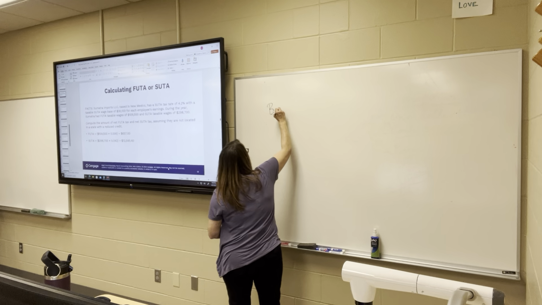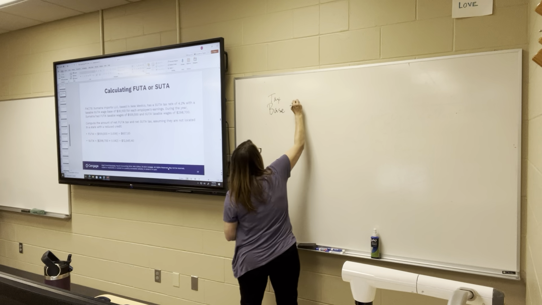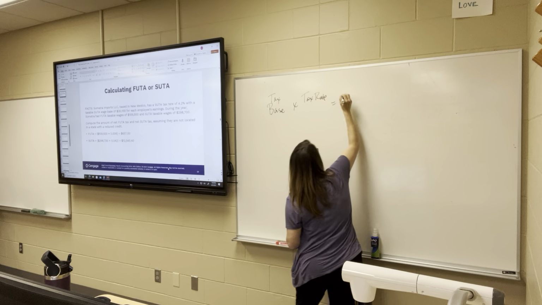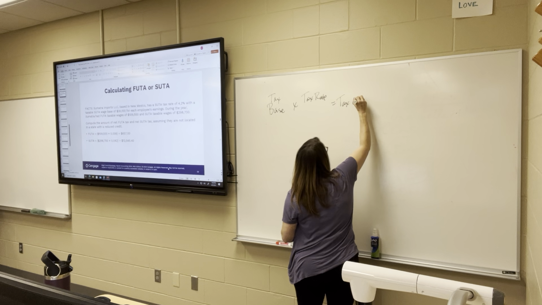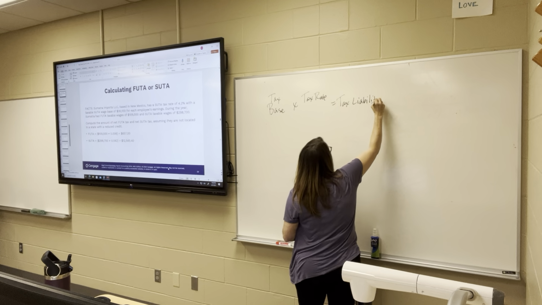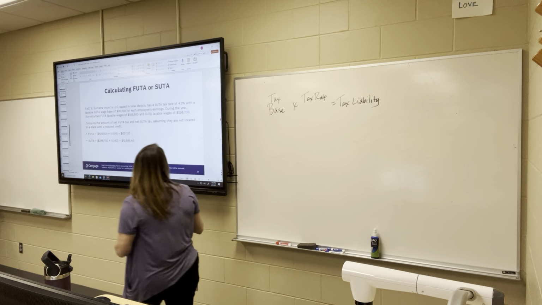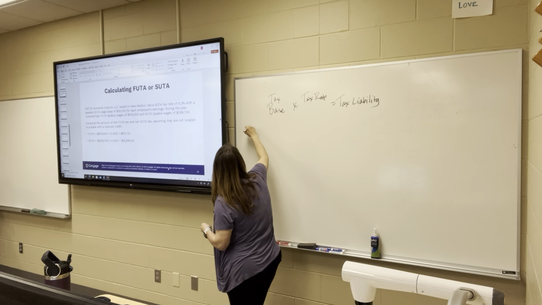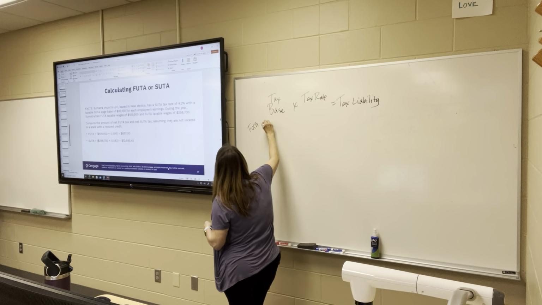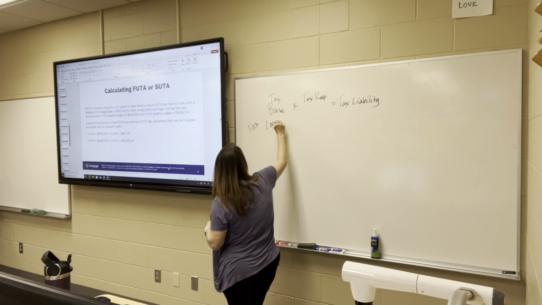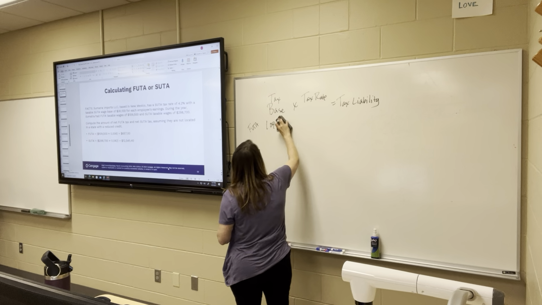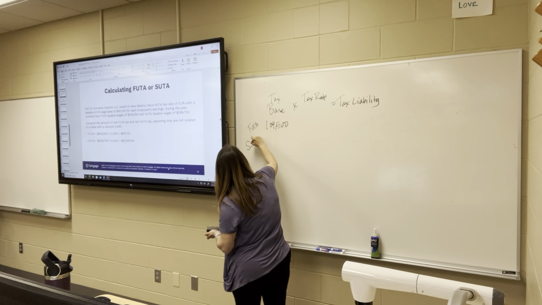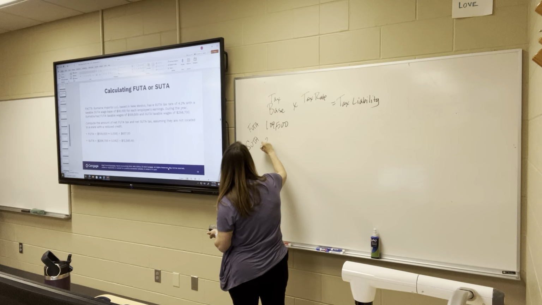Base is our tax base times tax rate equals tax liability. They're saying here that for FUTA purposes, their base is $109,500. And for SUTA, their base is $298,700.